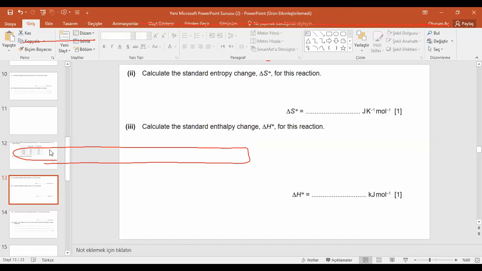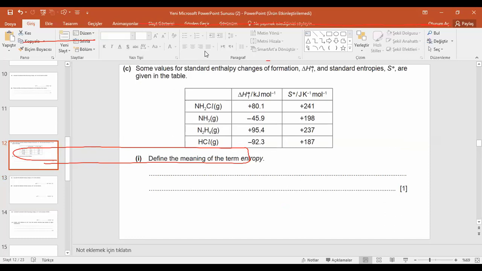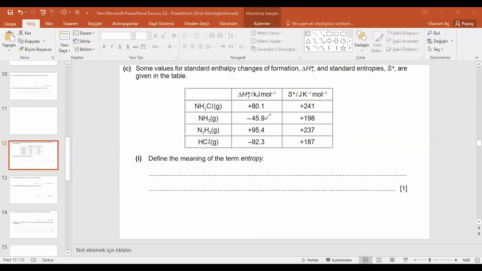So we are asked to calculate the delta S for this reaction. It is S of the products minus S of the reactants. And by the way, let's write the reaction for this one. I wrote this somewhere.